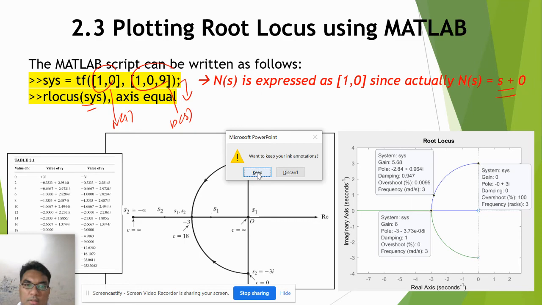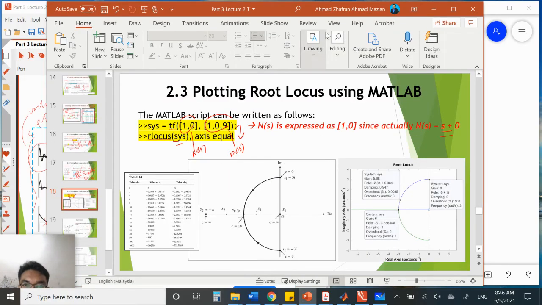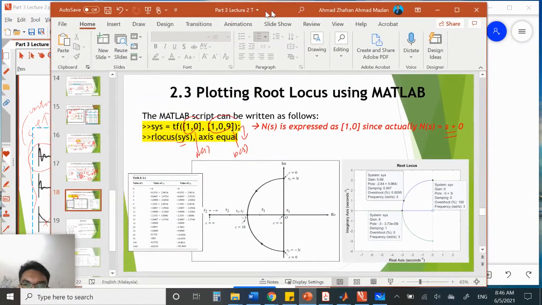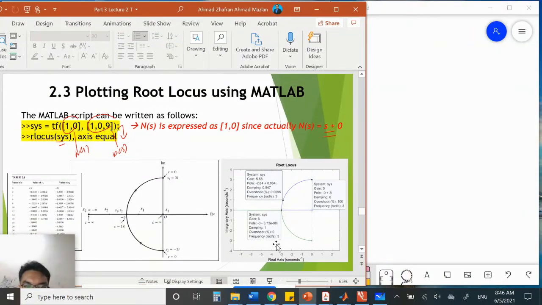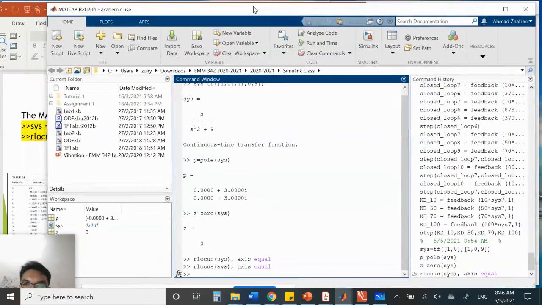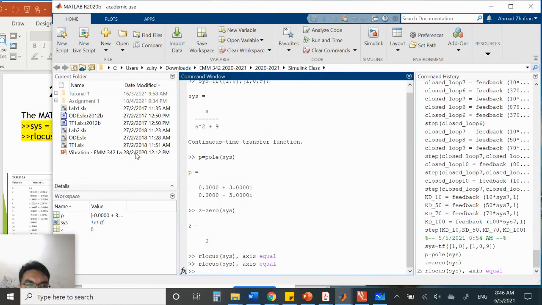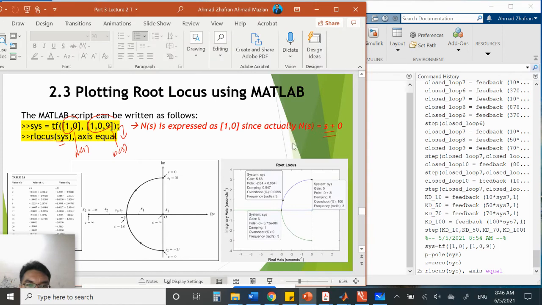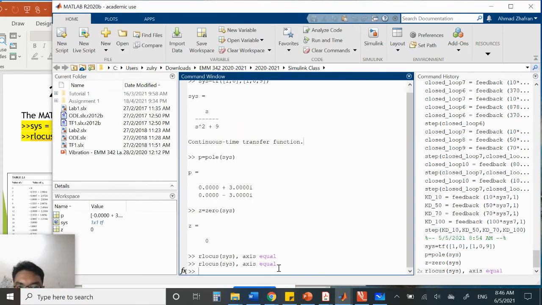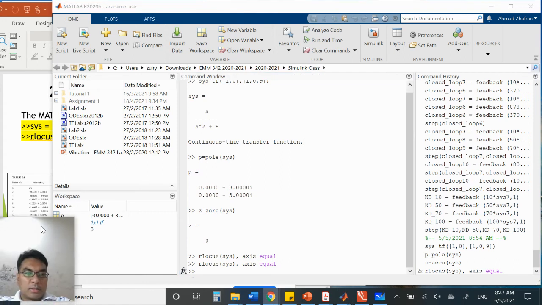Okay, let's try it. Let's verify it together. You can open your Matlab and then write your system here. I have written it here, so I just recall my codes.